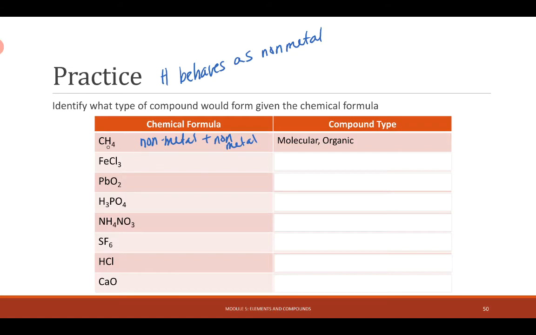Okay, for our next one, we have a metal plus a nonmetal. So that's going to tell us that we have an ionic compound. Iron does not have a predictable charge.